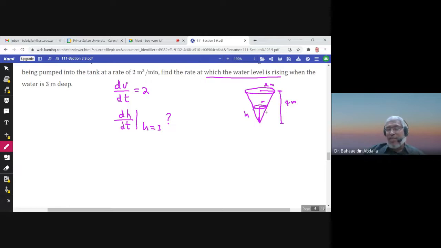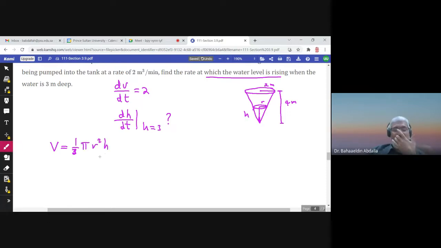Well, for this small cone, we know there is an equation that relates the volume. The volume of the cone is 1 over 3 pi r square h.